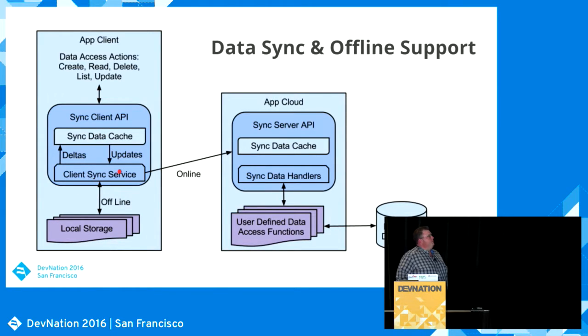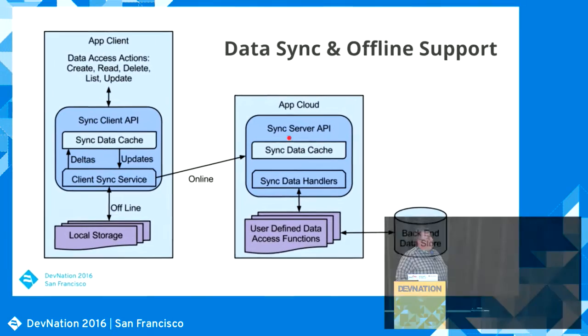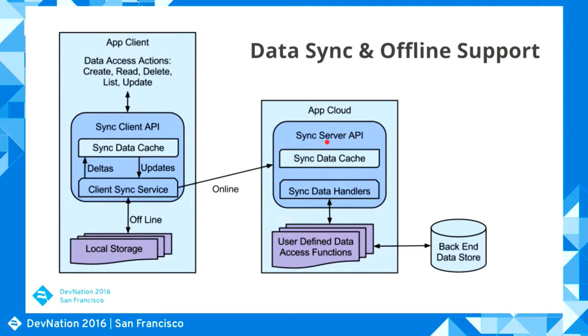Our sync service is going to say, if I'm online, send that change back to the server. It's going to hit the server-side APIs for our data sync support and synchronize to a local data cache there. And every once in a while, through the data sync handlers, it's going to actually flush to the database. And you can control that. There's lots of different options there, as well as, like it says here, user-defined data access functions and different settings there.